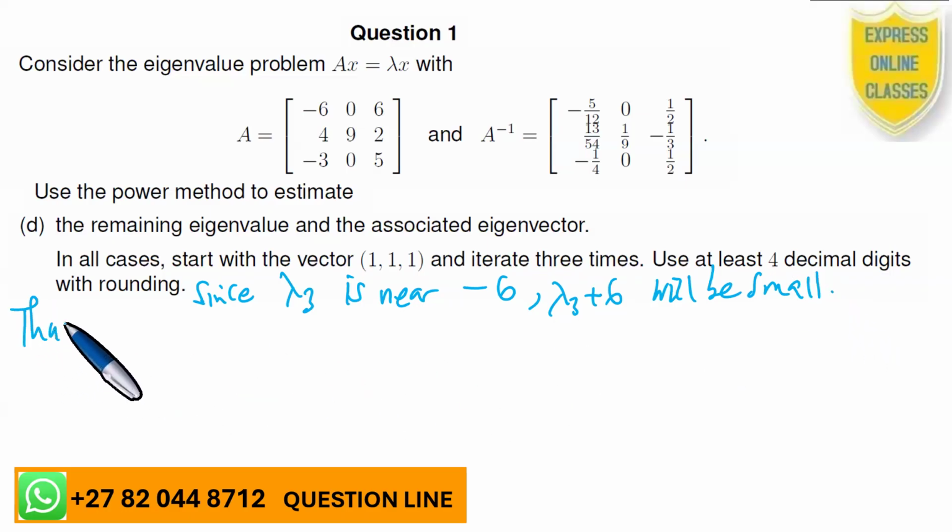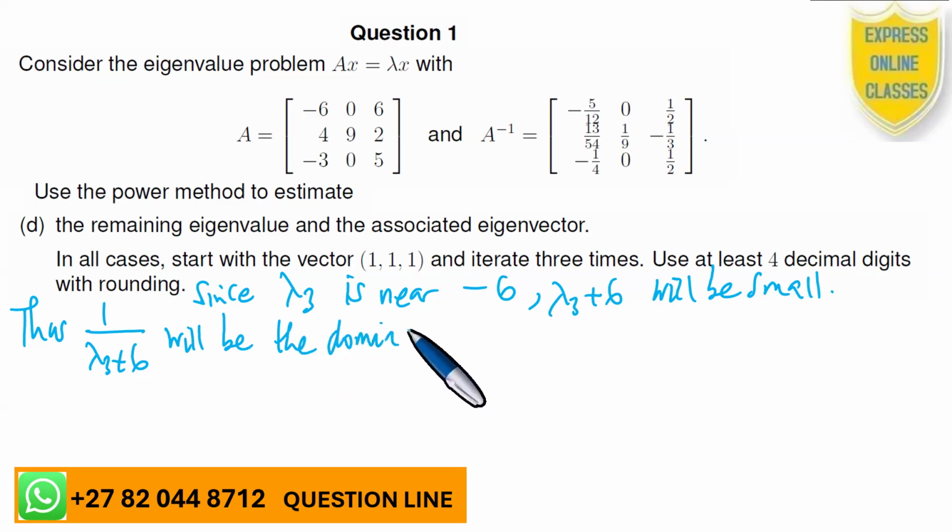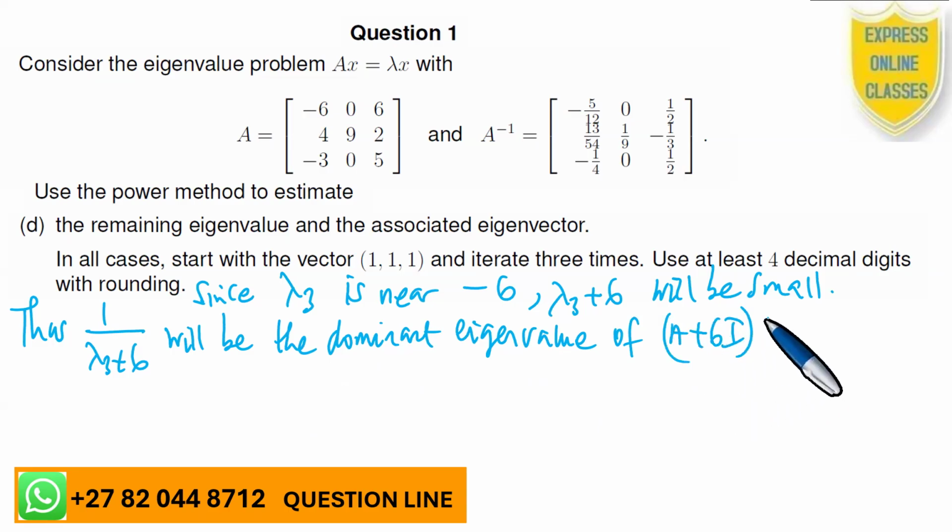Thus, 1 over lambda 3 plus 6 will be the dominant eigenvalue of A plus 6I compared to 1 over lambda 1 plus 6.